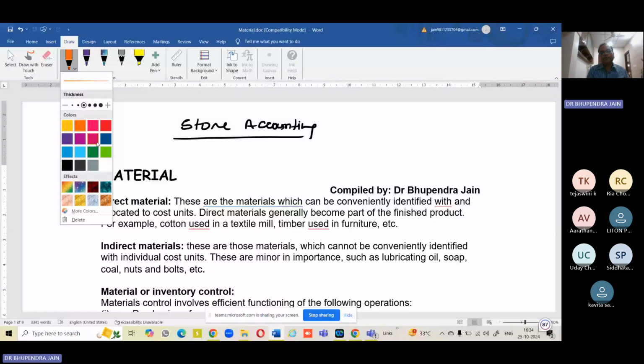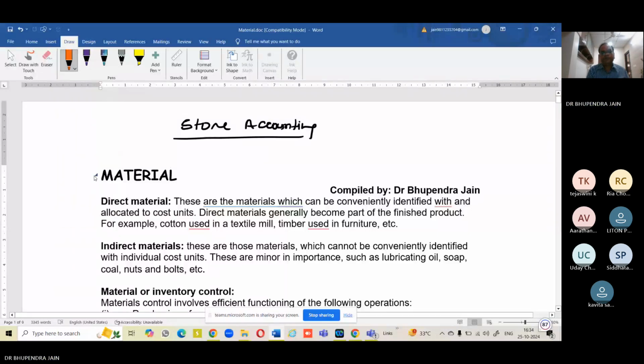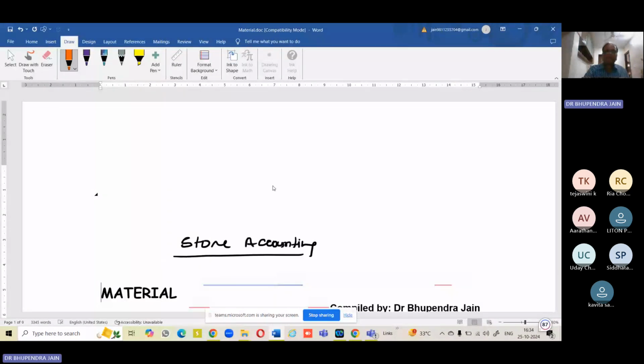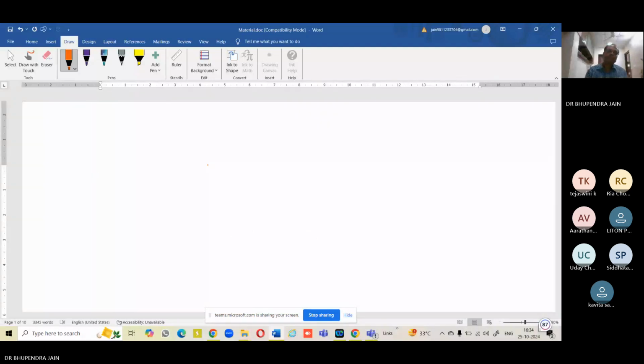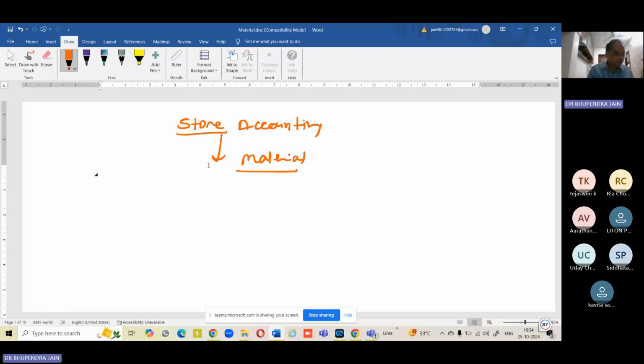Now, the question is, what is store? Majorly, store means material for the cost accounting purpose.